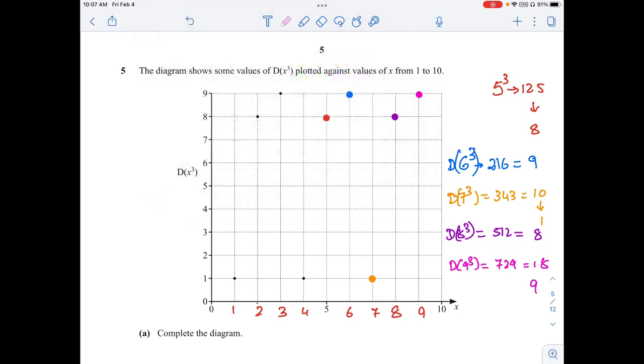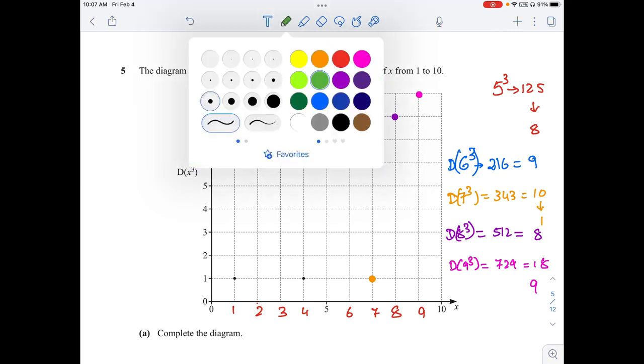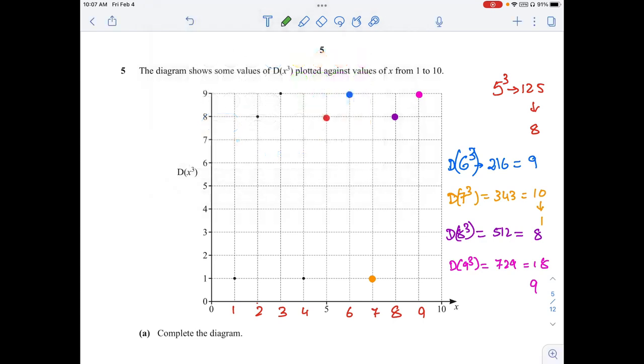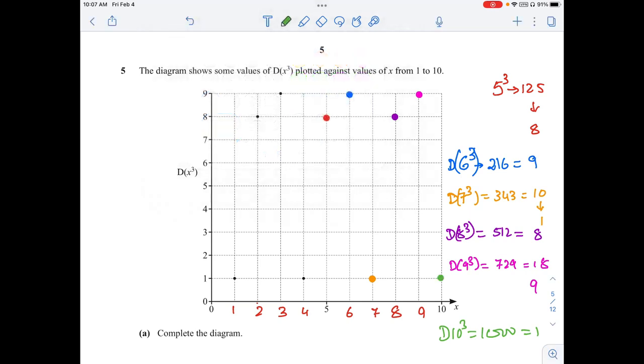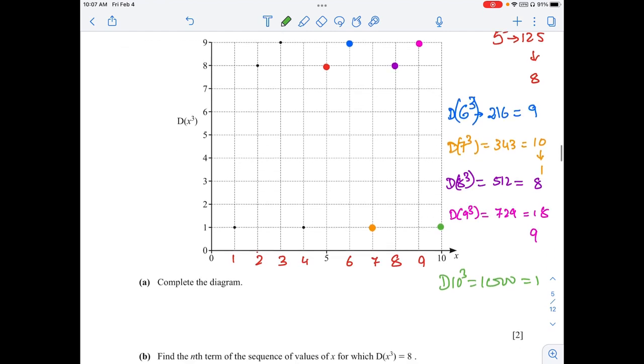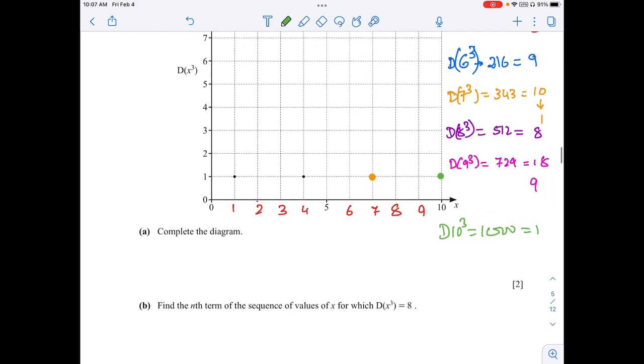Then finally, I take the digital root of 10. 10 cube is 1000, which is going to be 1. For 10 cube, it's going to be 1. Complete the diagram. So we have completed the diagram.